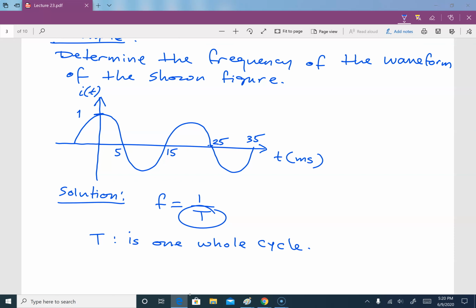If I start from this point here and go back to its value, that is a complete cycle. So our T is equal to 25 minus 5, which is 20 milliseconds.